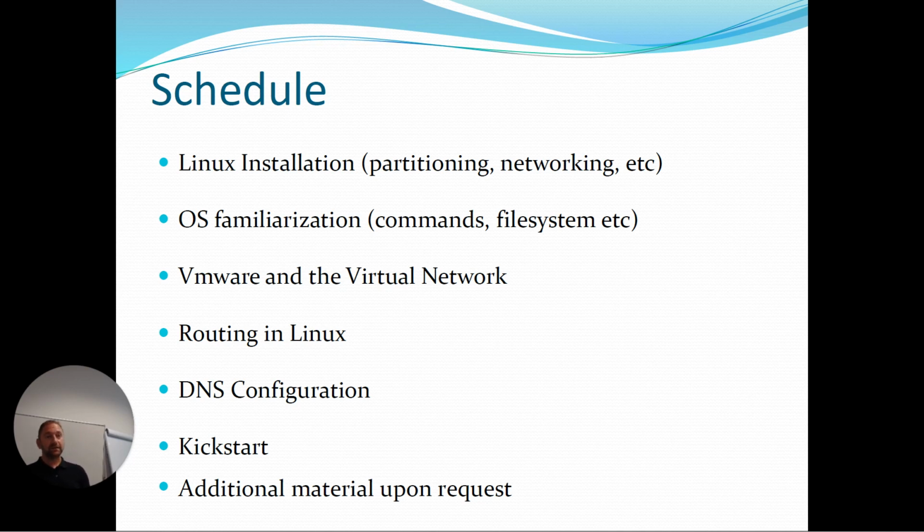So the first lab sheet is the installation of the operating system. The second lab sheet, which usually I prefer that it happens in the first lab session, is operating system familiarization, so commands, file system and everything else. Show me a hands up if you have never used Linux before in your life.